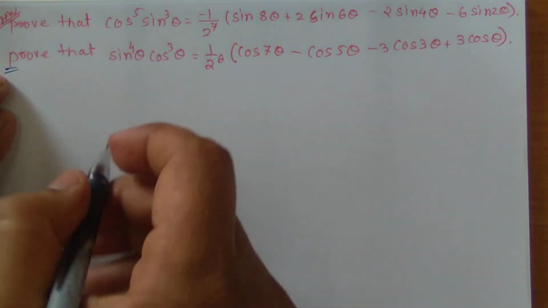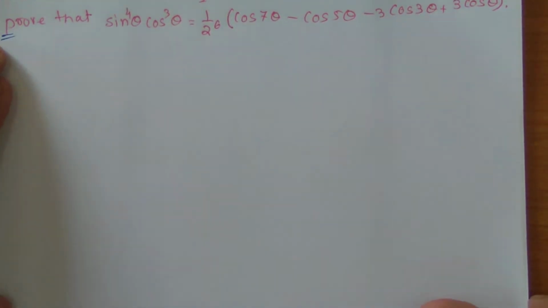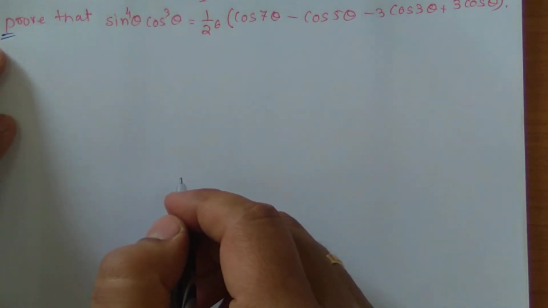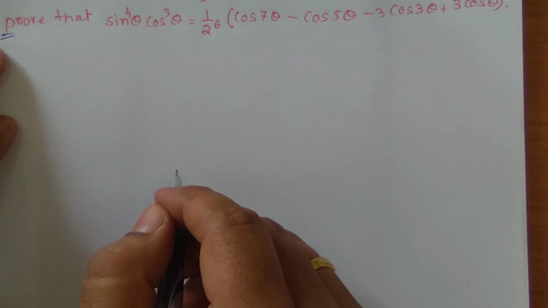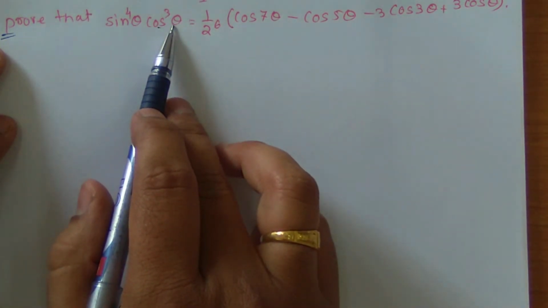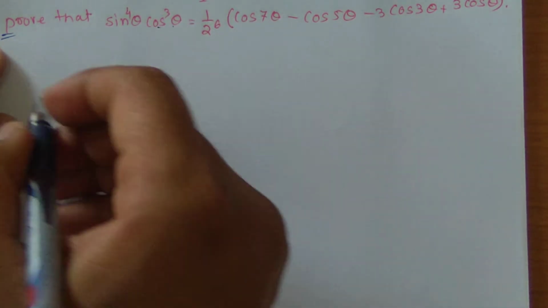Okay. Now how to start? Here sin raised to 4 into cos cube is present. For sin theta we are using the term 2i sin theta is equal to x minus 1 upon x. And for cos theta, we take the term 2 cos theta is equal to x plus 1 upon x.